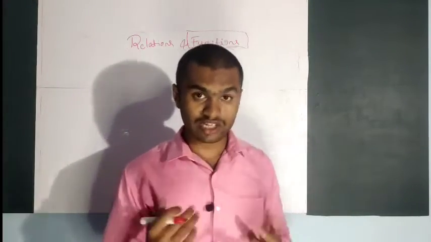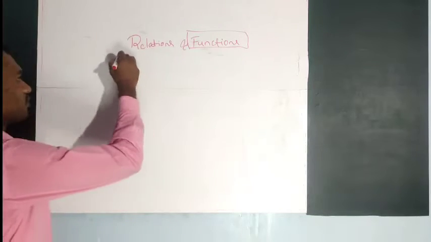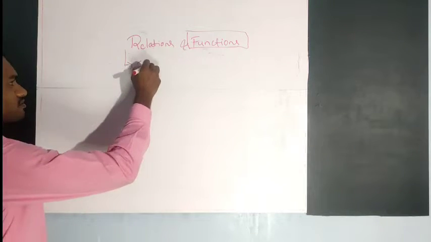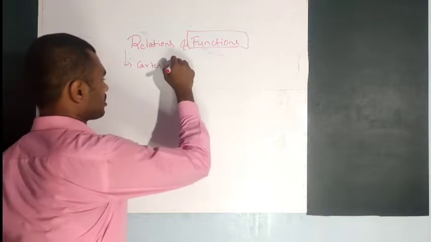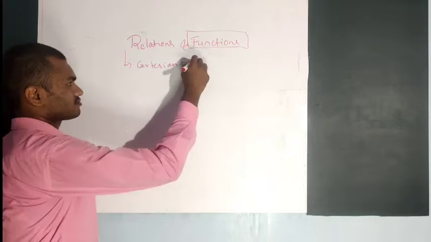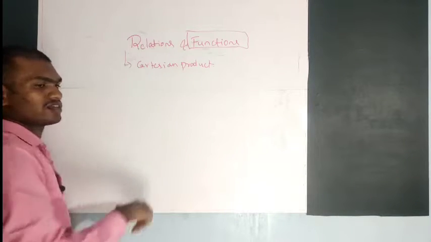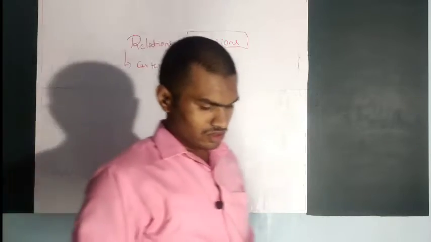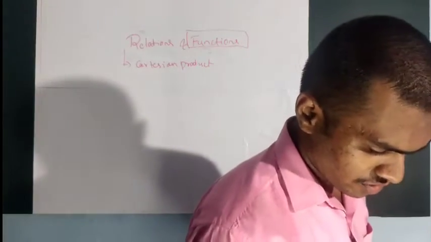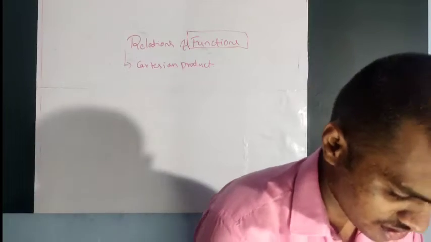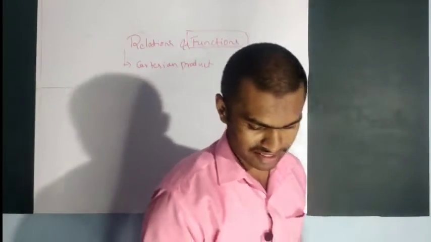Before going to relations, we will define what is Cartesian product, and then we will define what is relation. Before going to all those things, I will go through an example first.